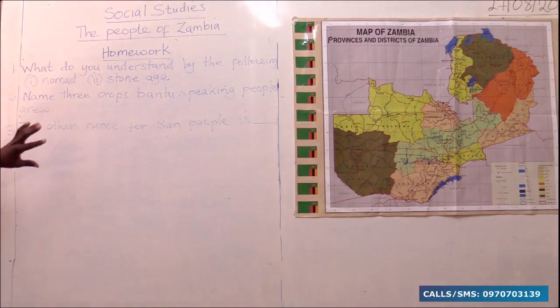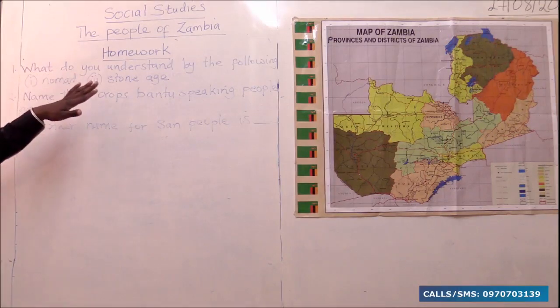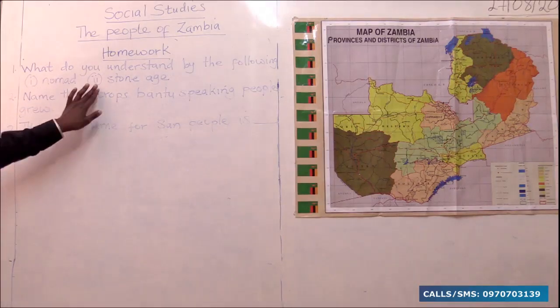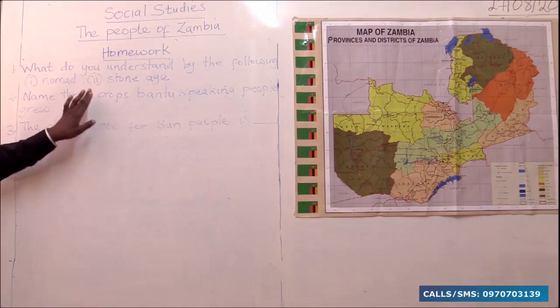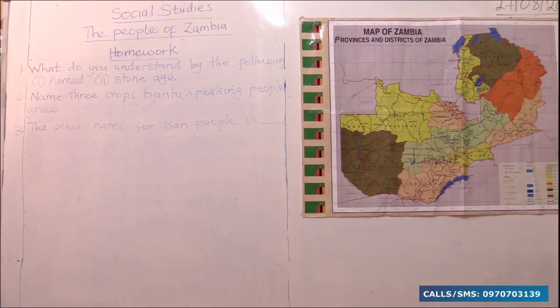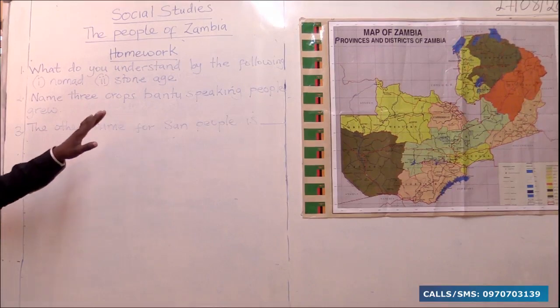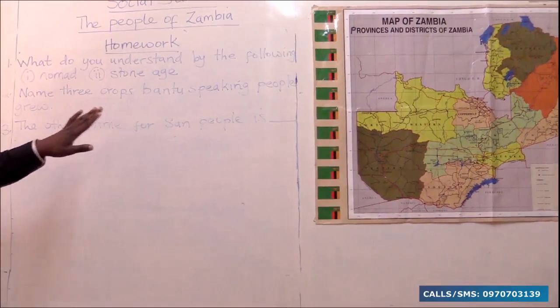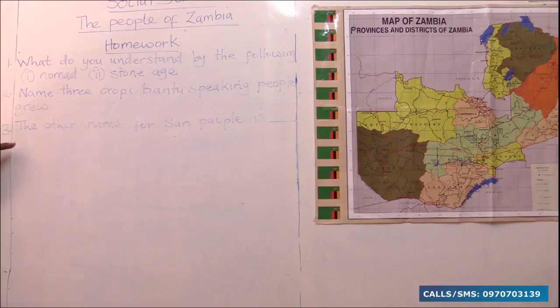All right, so boys and girls, explain what you understand by the following. Number 1, nomad. Number 2, Stone Age. Number 3, name three crops Bantu-speaking people grew.